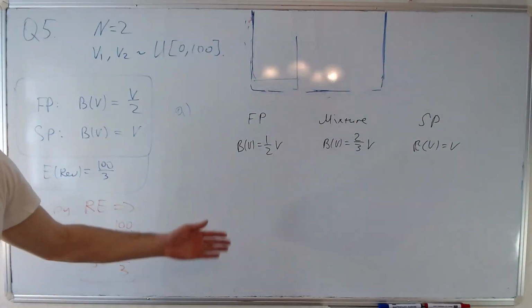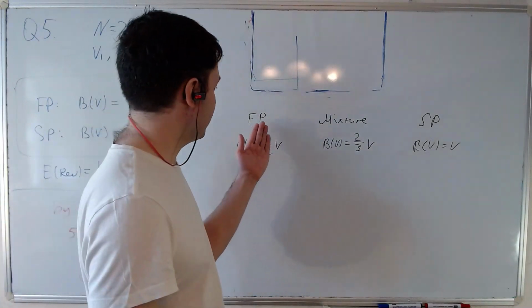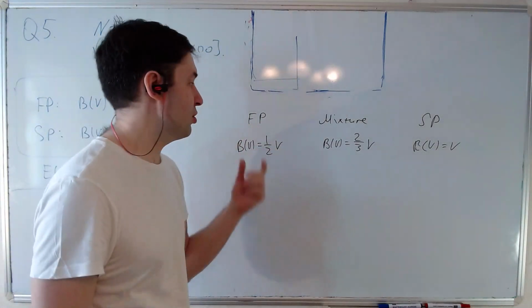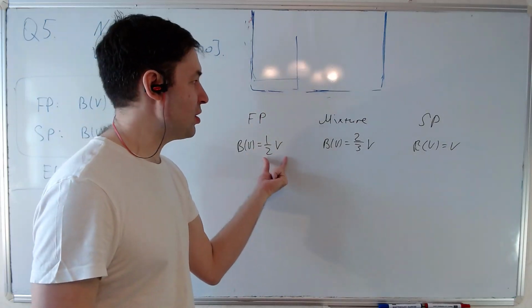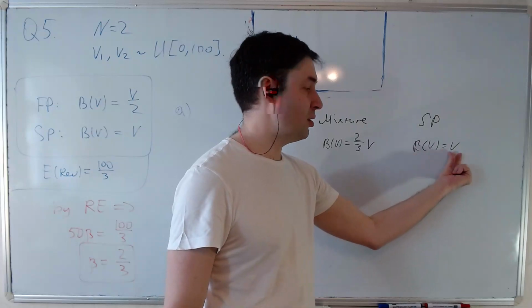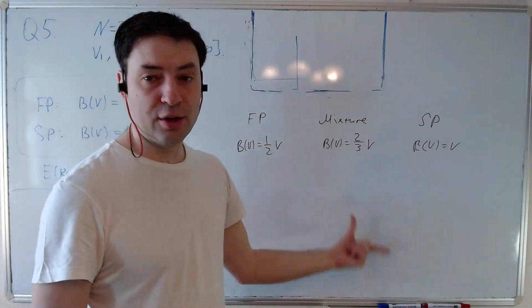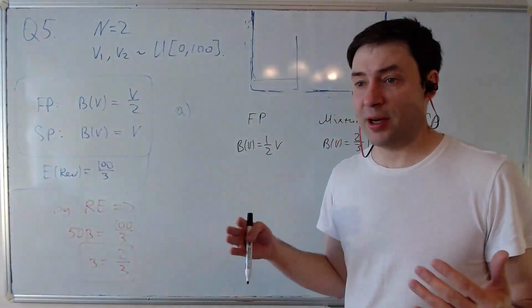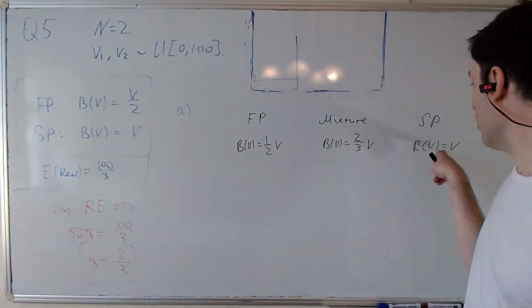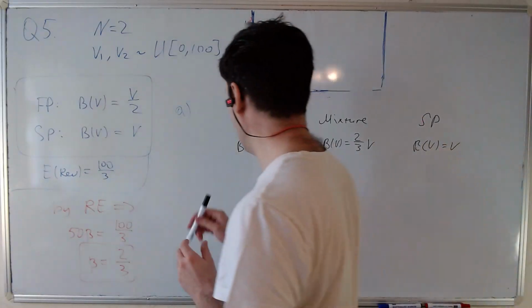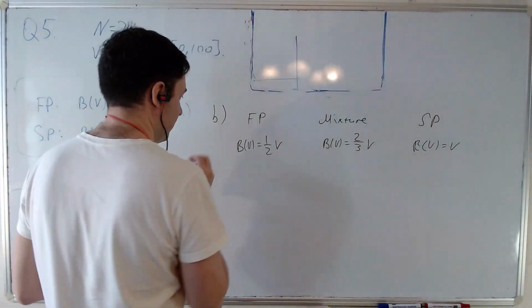So the intuition is very simple. The more aggressive the payment rule becomes, the more you shade your value. So if you pay your own bid, you shade a lot. If you pay somebody else's value, you don't shade at all. You just bid your value. And when you are exposed to this average mixture of 1/2, 1/2, you're neither there nor here. So we expect you to bid somewhere in the middle. That's the intuition. So that was part B effectively.